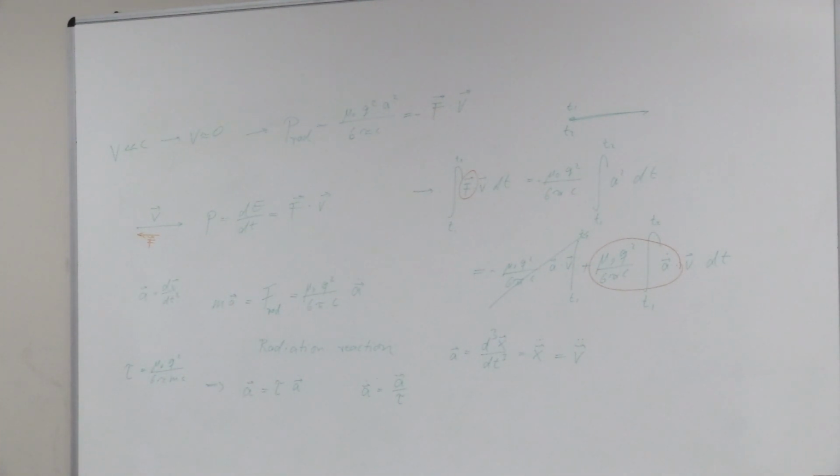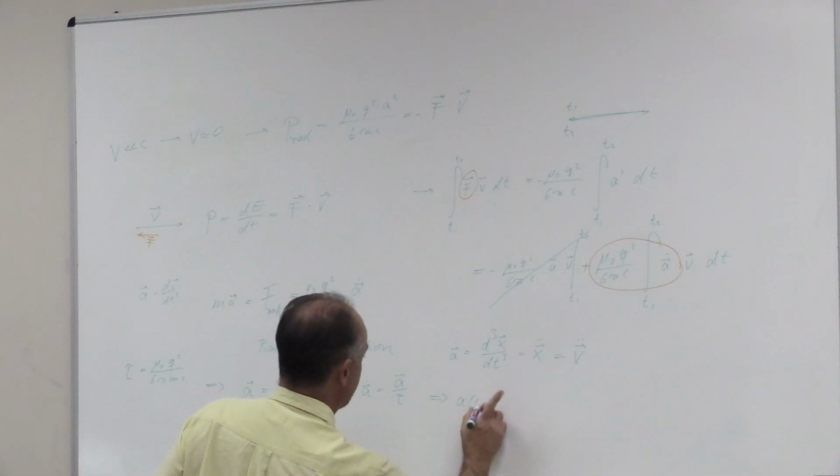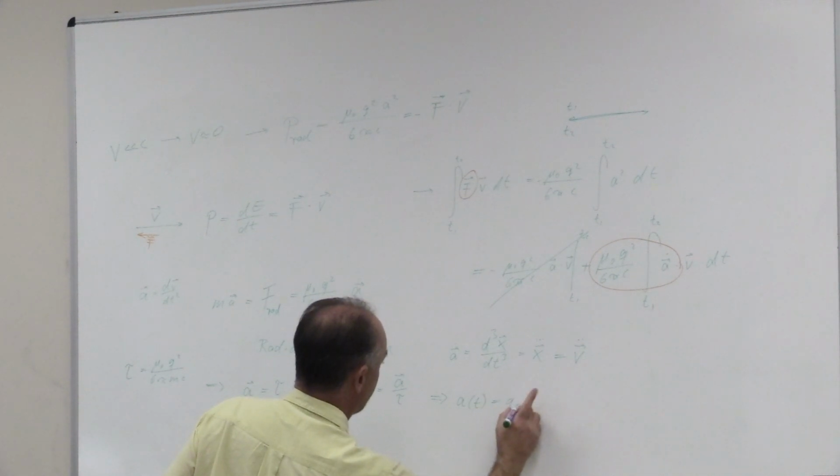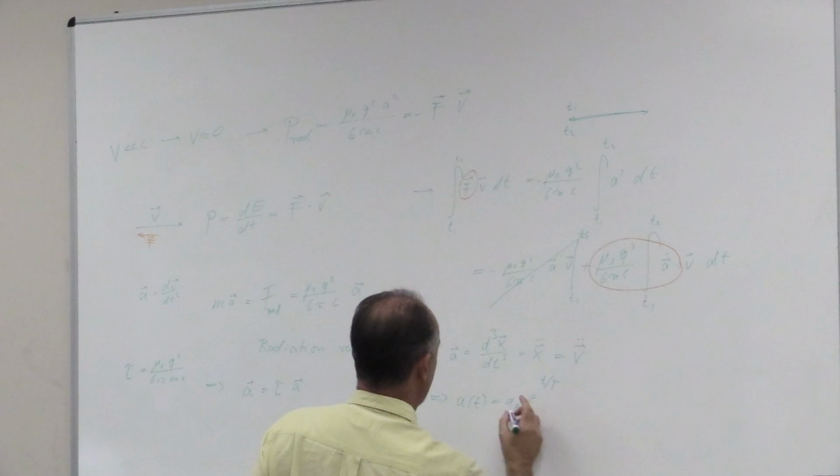What kind of solution do you get from that? An exponential, right? And so this gives you a solution that a of t is essentially a naught e to the t over tau.